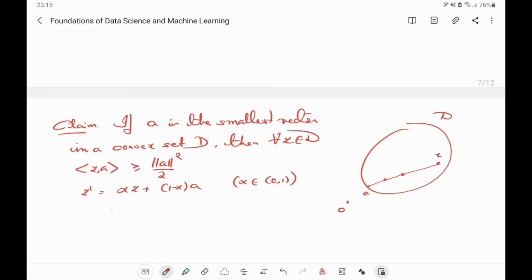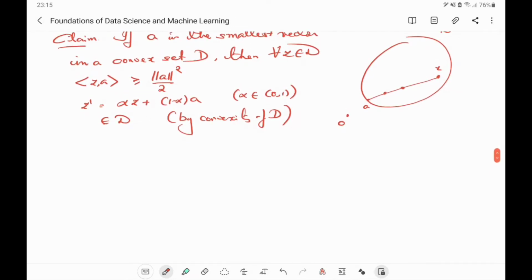By convexity of D we know that this is also in D. We will fix the alpha later, when we reach the particular step in the proof. As of now alpha can be any number between 0 and 1, and what we know is that A is the smallest norm vector, so the norm of A is less than or equal to norm of Z prime, because Z prime is also a vector in D and A is the smallest vector in D.